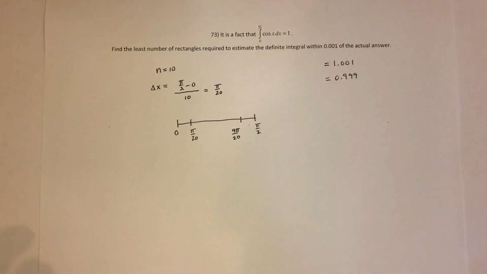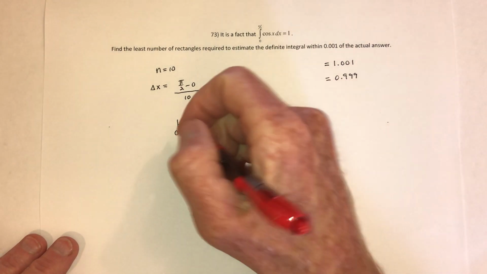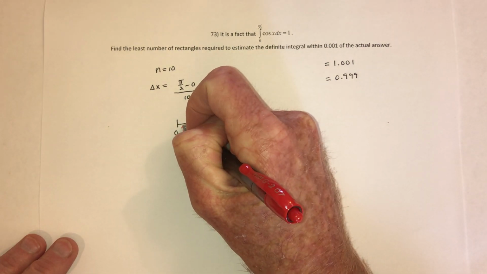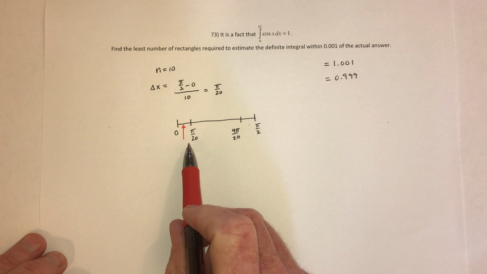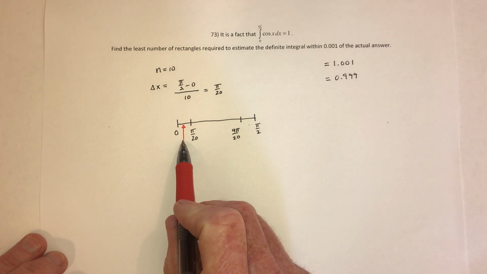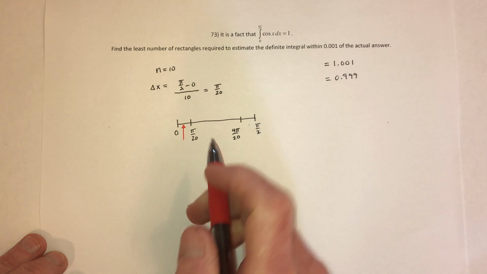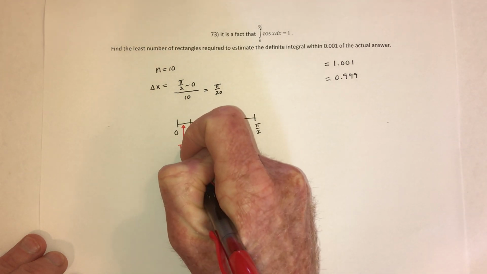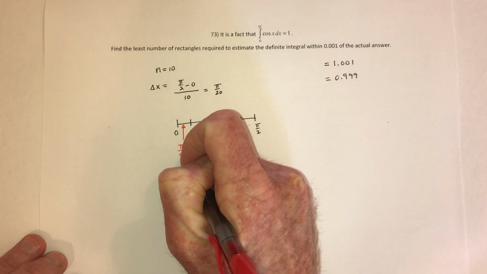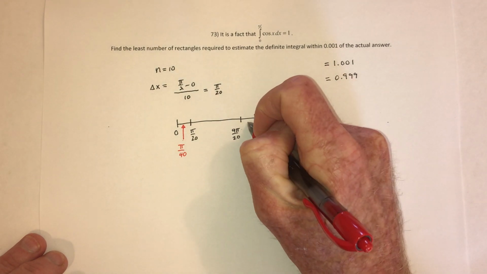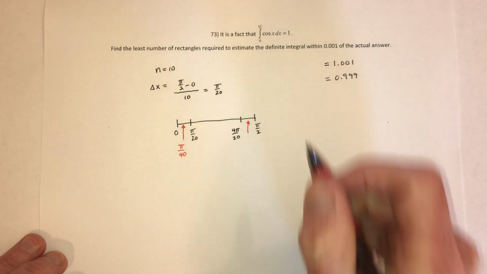Next up, it's most accurate to use the midpoint, so I'm going to use the midpoint. So this right here is halfway between pi over 20 and 0, so that means it's half of pi over 20, which is pi over 40. Then what about this one?